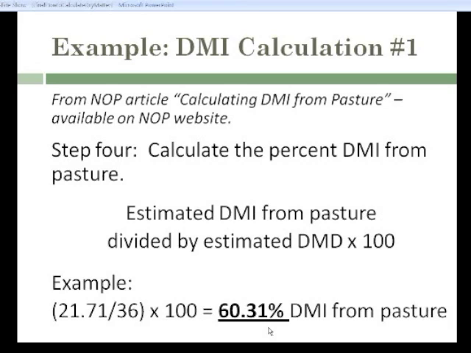And just to remind you, you're doing this calculation at the beginning of the grazing season, and then you're going to do it again each time you change the ration enough so that the amount of dry matter coming from the pasture increases or decreases. And then you're going to be averaging those numbers over the whole grazing season. So this is just one dry matter intake calculation for one group of animals.